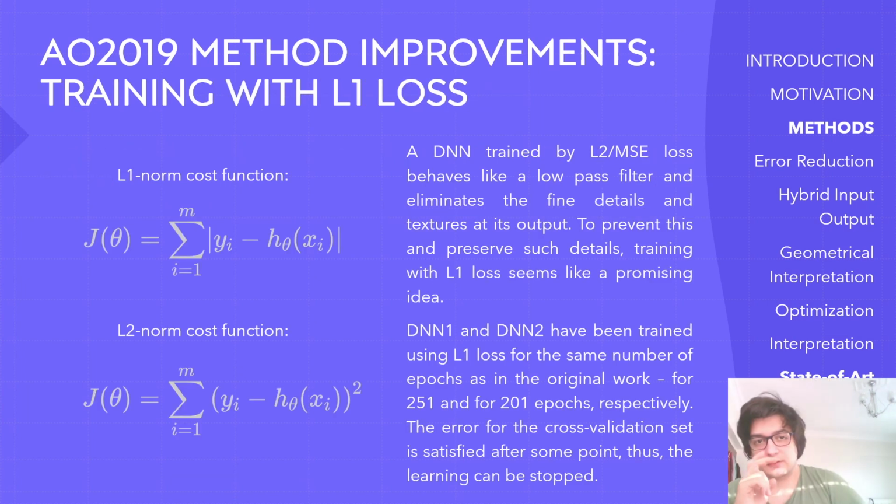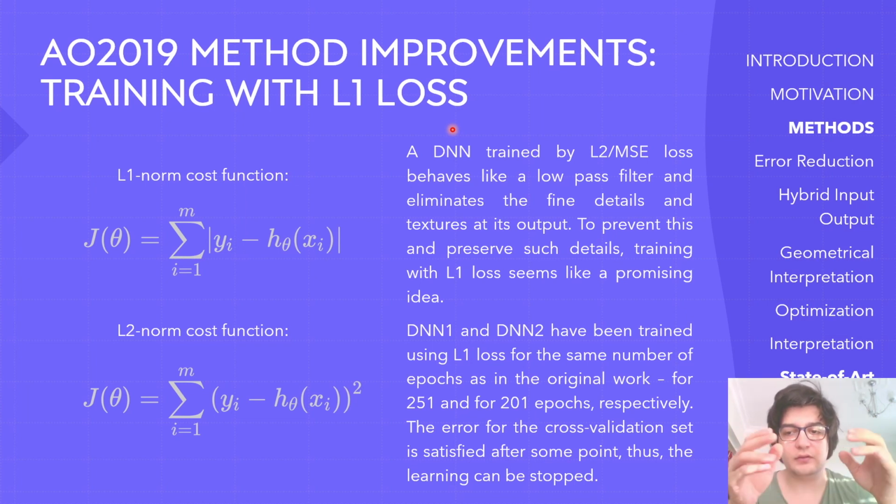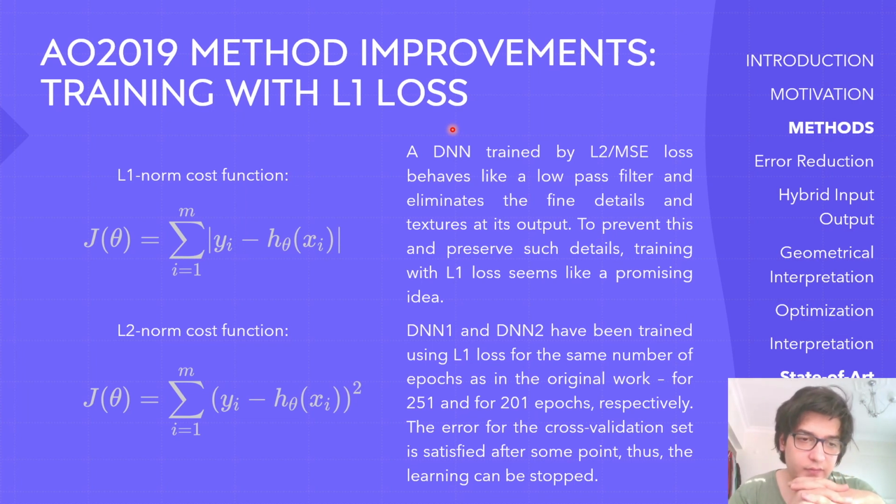I also tried different loss functions like L1 loss. L2 loss, I mean mean squared error loss, smooths the output. It gives us a low pass filter, denoisers, I mean, and this eradicates the fine details in the images, but we want to preserve these fine details, so L1 loss can be very helpful from this perspective.